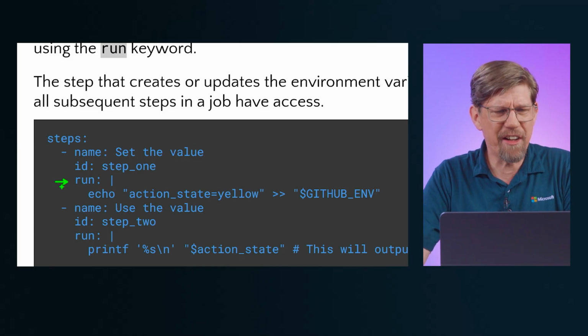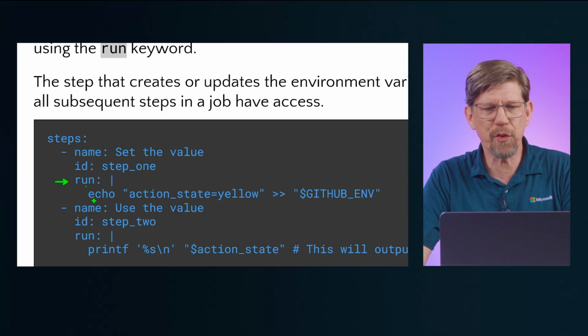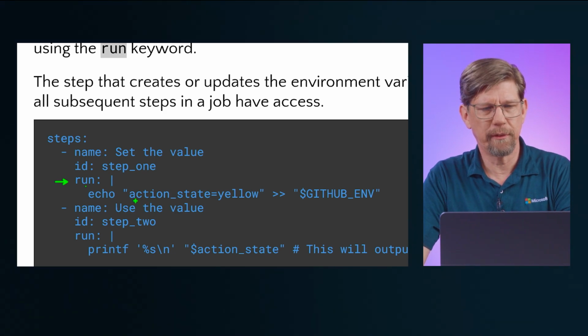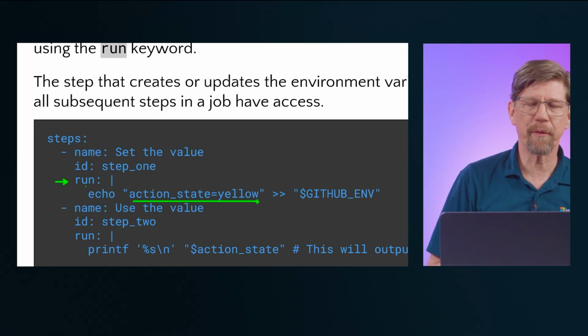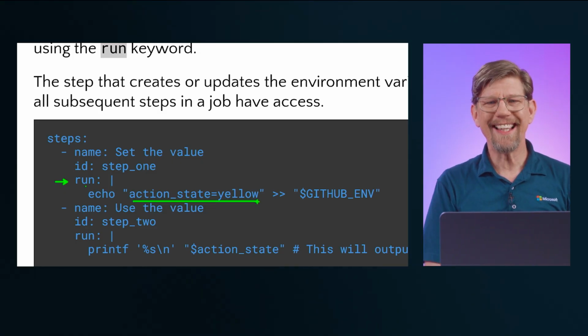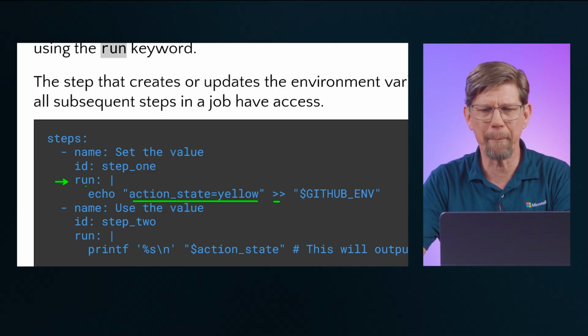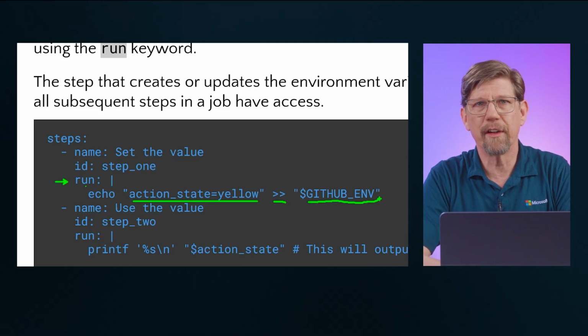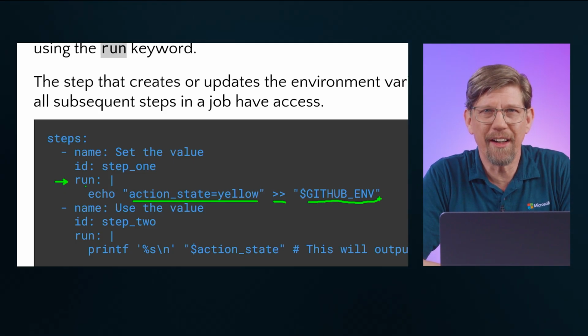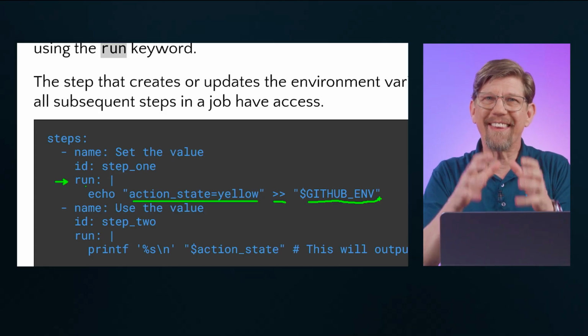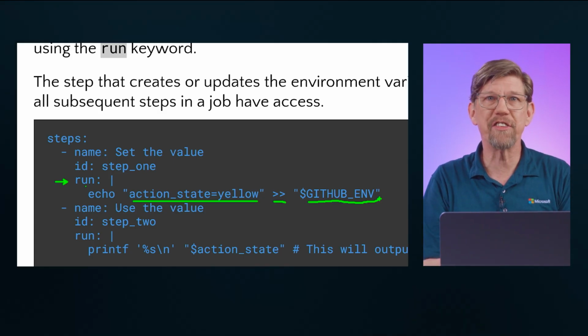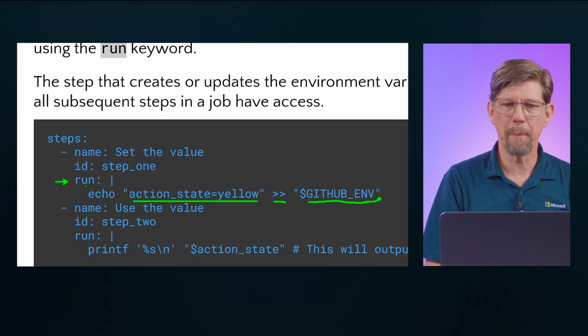But we then have our run activity, our script, and inside of the script, we just have a little echo action. And what that echo action is doing is writing a line, right? We're going to write that line, and we are going to append that line to a super important little object right there called the GITHUB_ENV. You can think of that as the collection of environment variables.